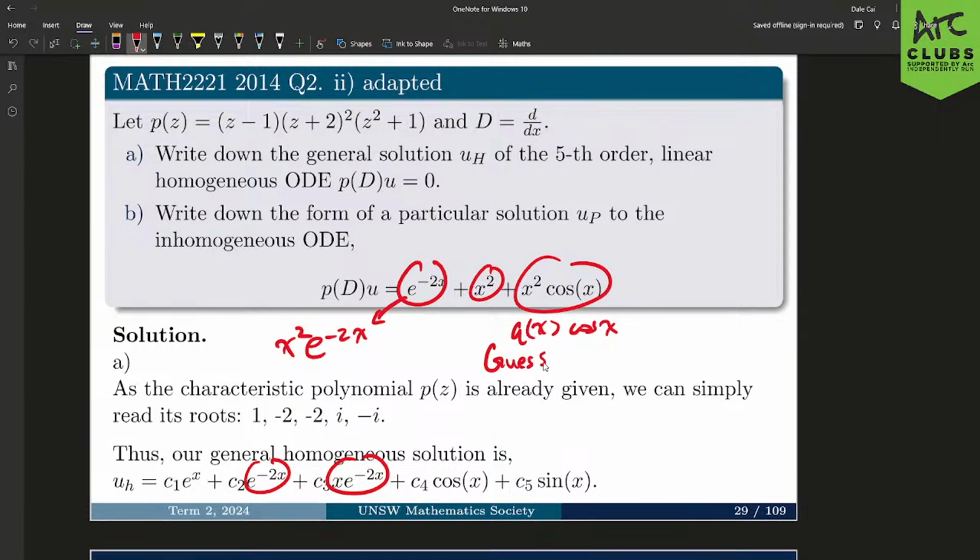Then my guess is r of x cos x plus s of x sin x, where these 2 polynomials have the same degree as q of x.